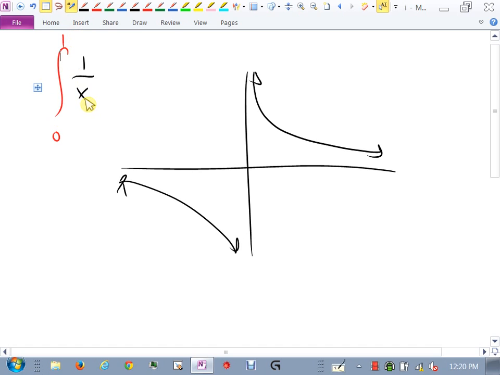Well, the problem is you can't plug 0 in, can you? It's undefined. So I'm trying to find the area this time in here. And you see how I still have an infinite area up there? So this is what next class will be about, this type of improper integral. And then we can have an integral that has combinations of multiple, this happening and that happening out that end.